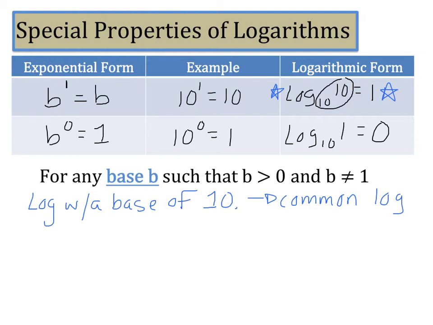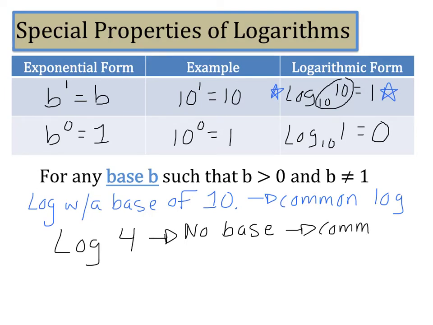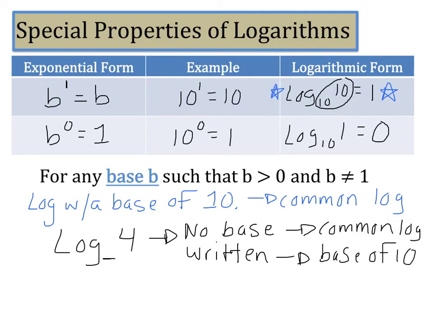The way you're going to see this written in your books is, for example, you'll see the word log and then a number like 4 or 3 or anything after that. If there's no base written, that's the common log, which is a base of 10. So it's just kind of implied. There is a number there, but it's just 10.